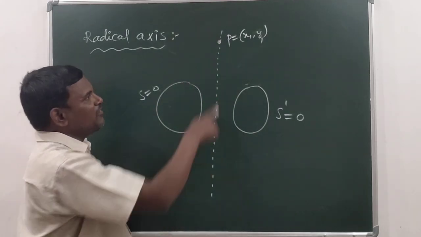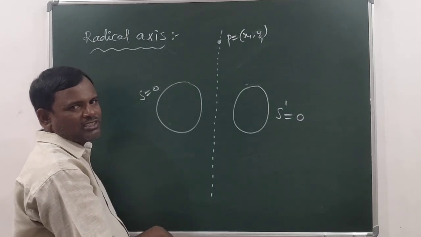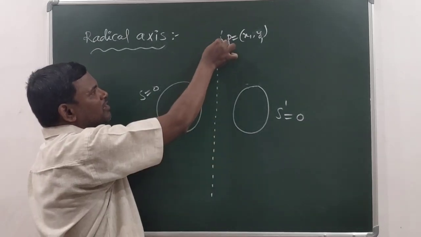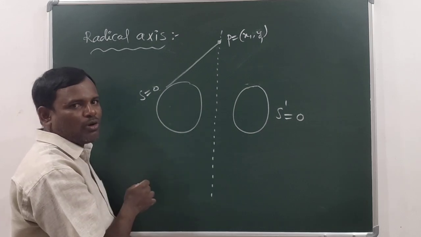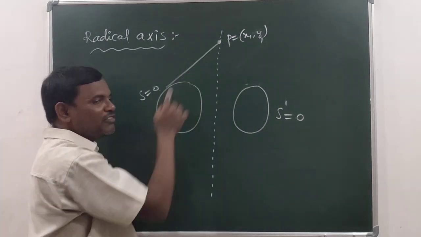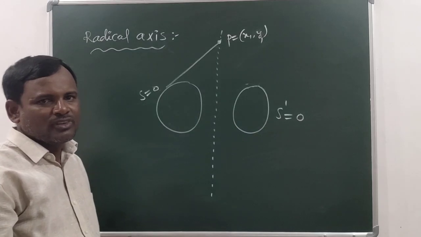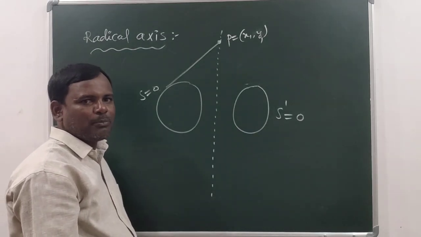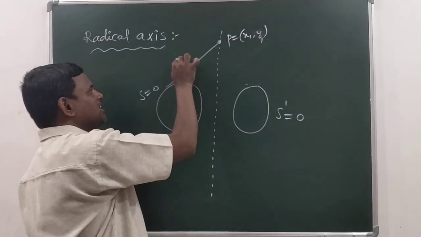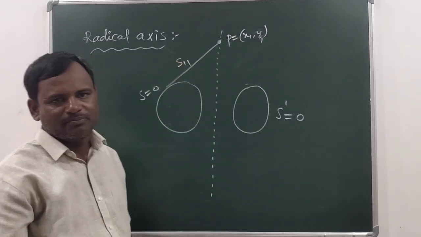As per the definition, if you take any point on this locus and measure its power, you know how to measure the power of a point with respect to the circle. So you have one formula to find the power of a point with respect to the circle, that is S11. You know that notation.